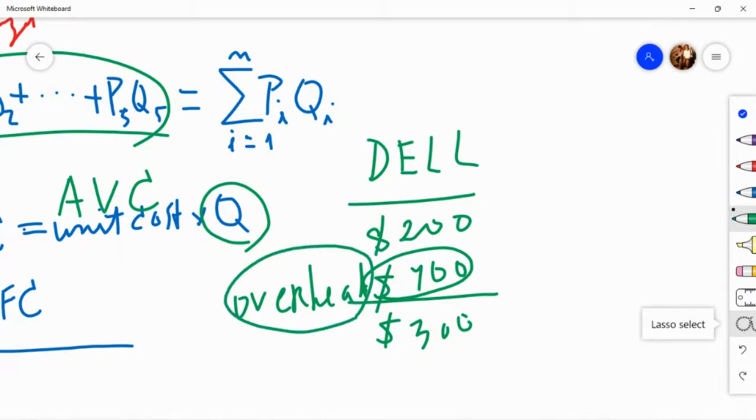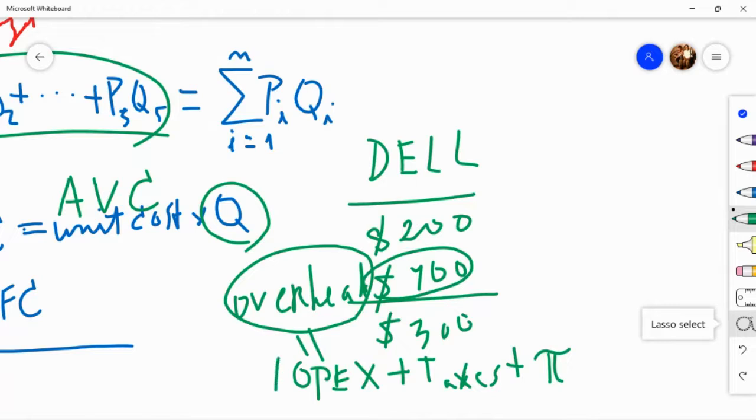Overhead is actually operating expenses plus taxes, plus profit margin, right? That's overhead. So let's say $100 is overhead, including OPEX and everything.